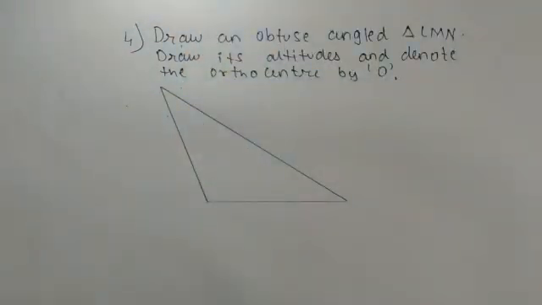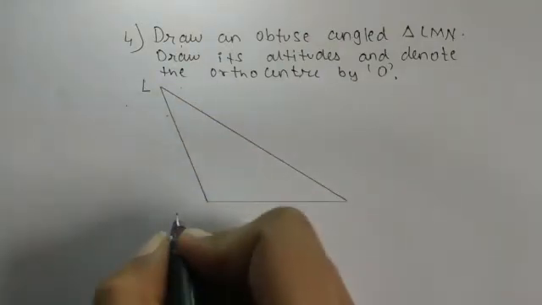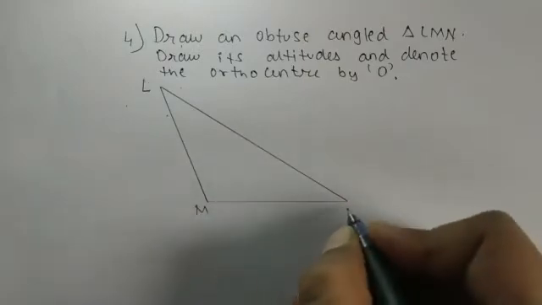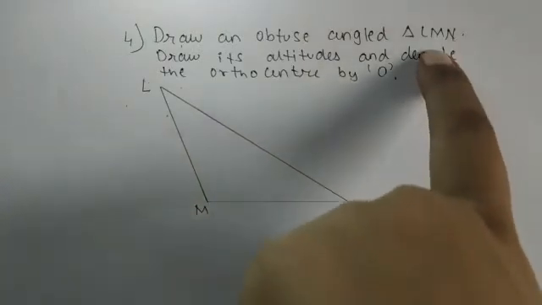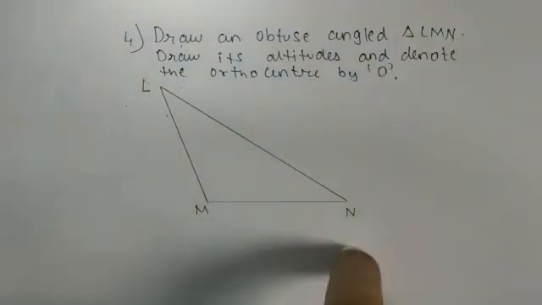So this way I have drawn an obtuse angle triangle, and now I will name it as LMN as given in the question. In the question it is given, name it as triangle LMN.